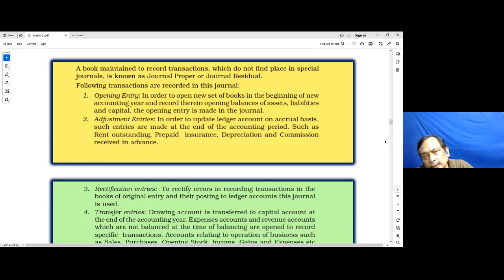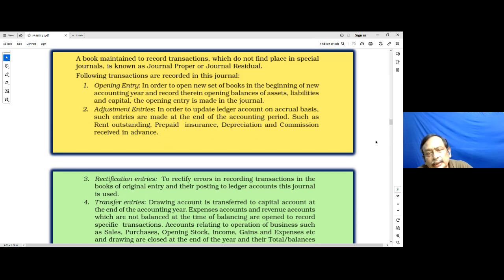Then adjustment entries. In order to update ledger accounts on an accrual basis, such entries are made at the end of the accounting period, such as for rent outstanding, prepaid insurance, depreciation, and commission received in advance.